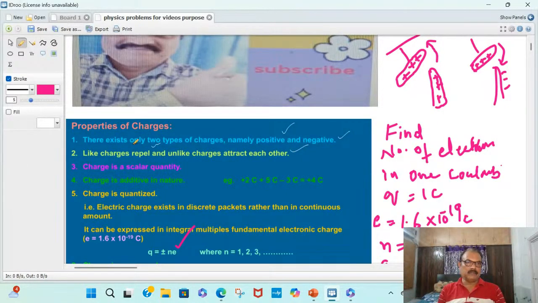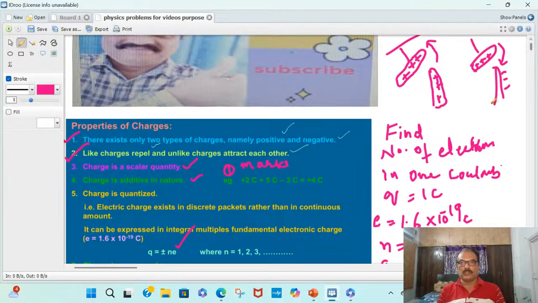That is, first one you should know, second one you should know, third one is charges do not have direction, so it is a scalar quantity. A one mark question may come here, so please take care. Then charges are additive.